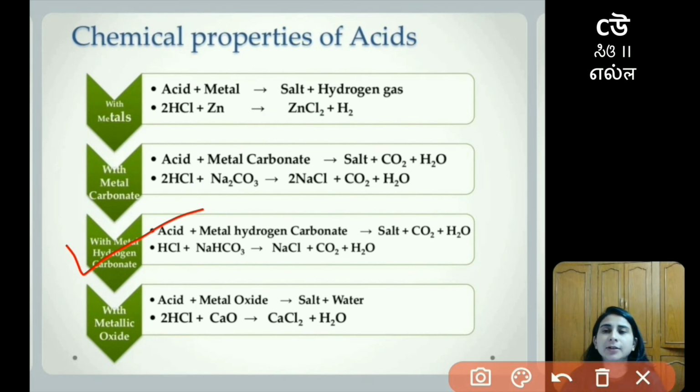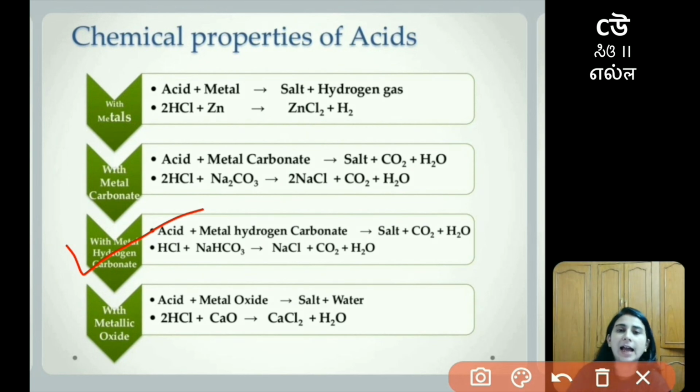So we have HCl combining with sodium hydrogen carbonate, NaHCO3, to form sodium chloride plus carbon dioxide gas plus water: NaCl plus CO2 plus H2O.